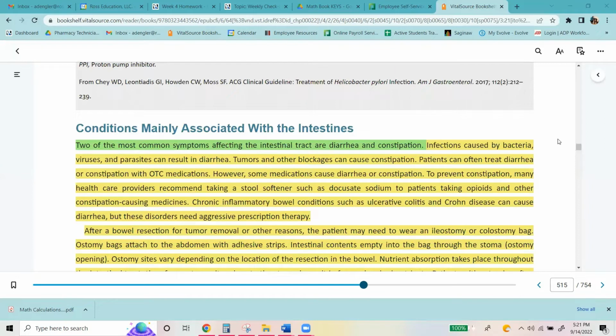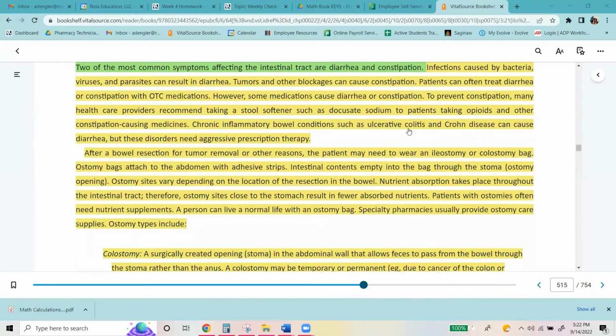To prevent constipation, many healthcare providers recommend taking a stool softener, such as docusate sodium, to patients taking opioids and other constipation-causing medications. Chronic inflammatory bowel conditions, such as ulcerative colitis and Crohn's disease, can cause diarrhea, but these disorders need aggressive prescription therapy.